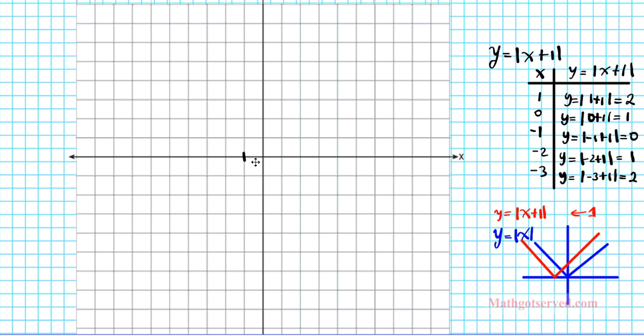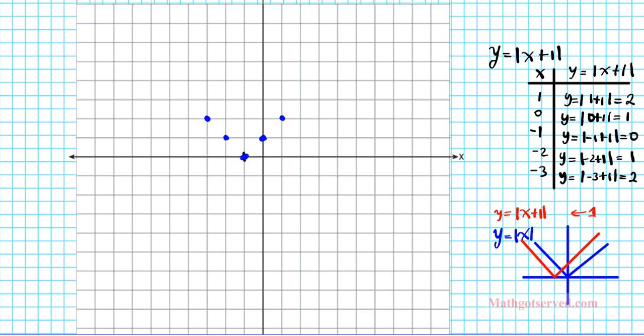So when x is -1, y is 0. When x is 0, y is 1. When x is 1, y is 2. You see the symmetry there. When x is -2, y is 1. When x is -3, y is 2.